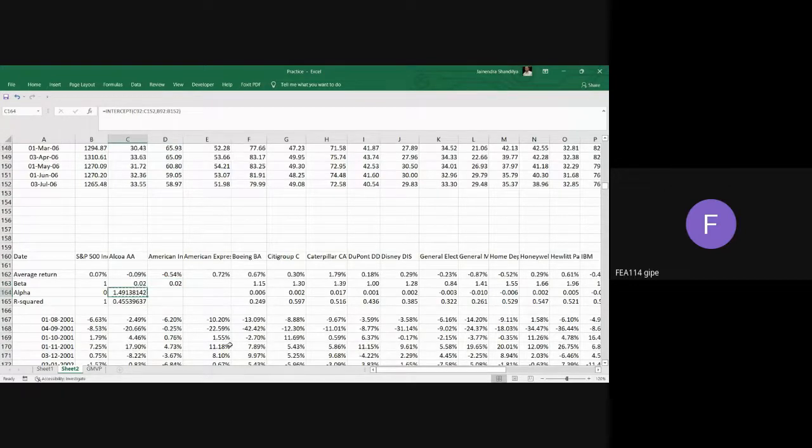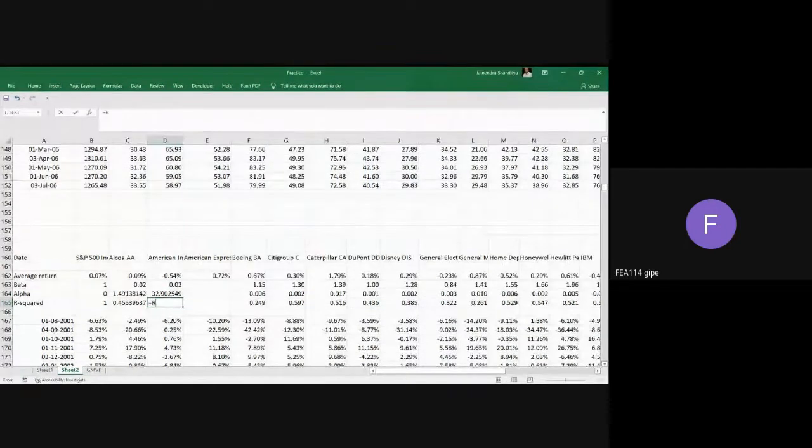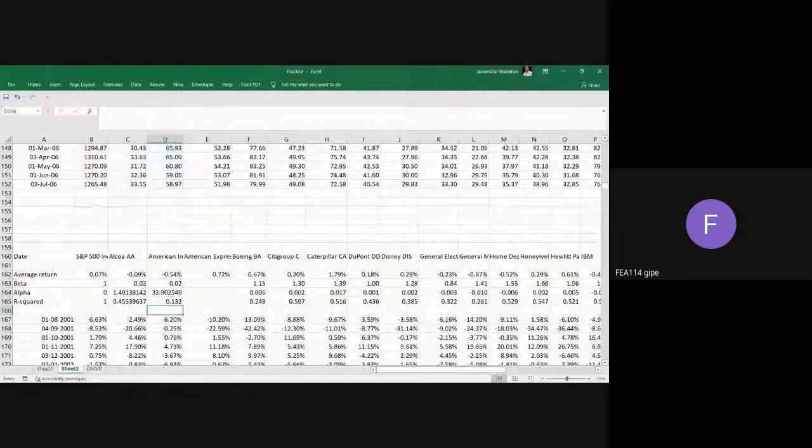If I take a copy of this, I got a very low r square.